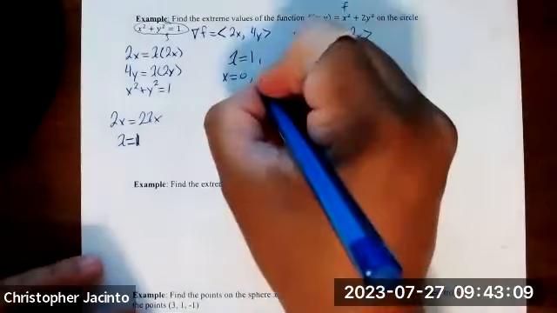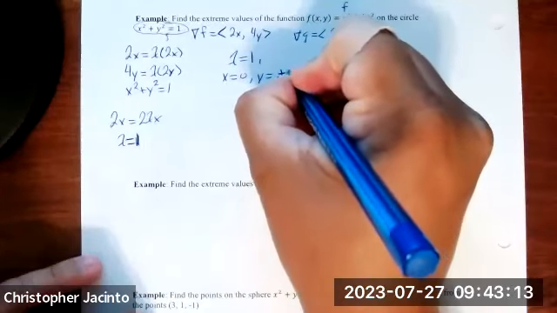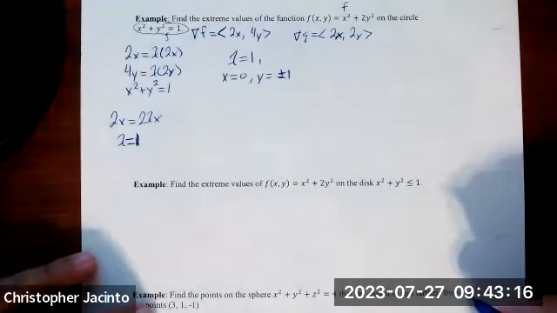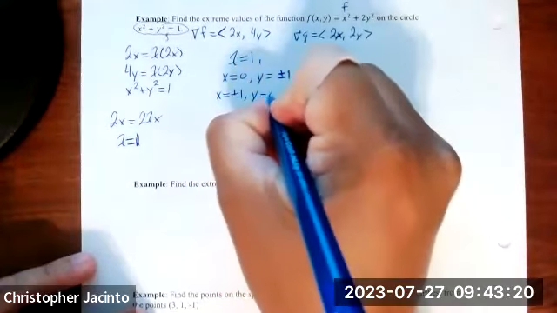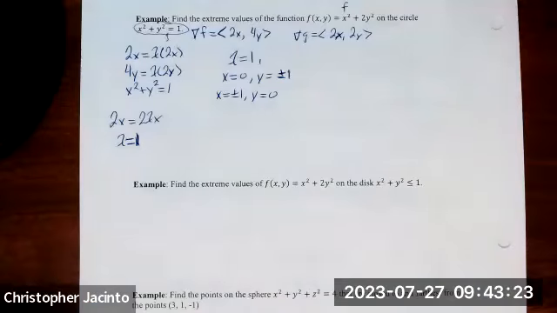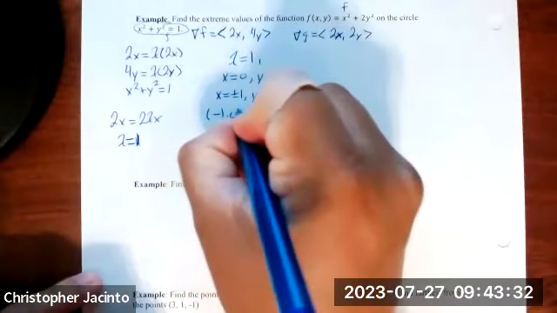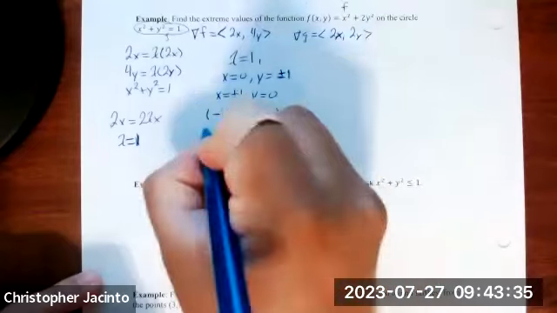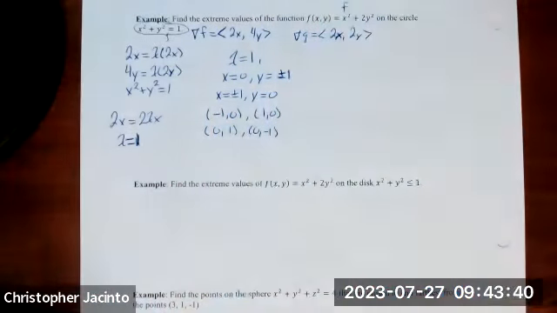If x equals 0, therefore y could equal plus or minus 1, to make our constraint work correctly. And if x is equal to plus or minus 1, therefore y has to equal 0. So we have two and two situations happening. In other words, we have the points (-1, 0), (1, 0), (0, 1), and (0, -1). Those are the points on our boundary we're going to check.